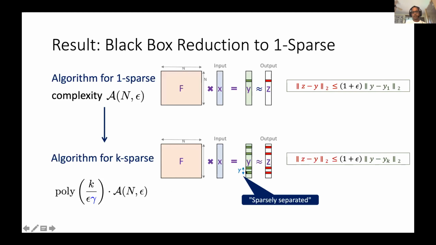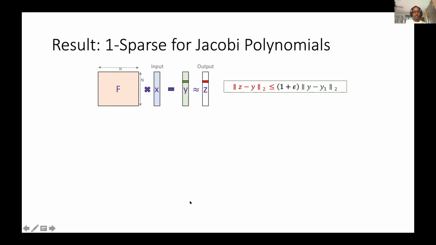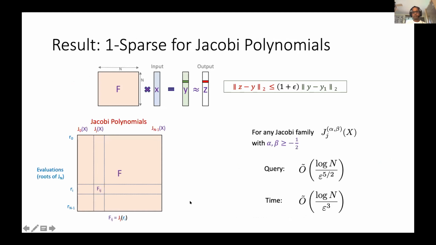Actually, it's slightly more because we need the heavy hitters to be at least a gamma fraction apart, and that means they get an extra poly 1 over gamma factor. And again, for random k-sparse, gamma is 1 over k squared, so you get polynomial in k over epsilon. And for Jacobi polynomials, we get essentially polynomial log n over epsilon cubed.